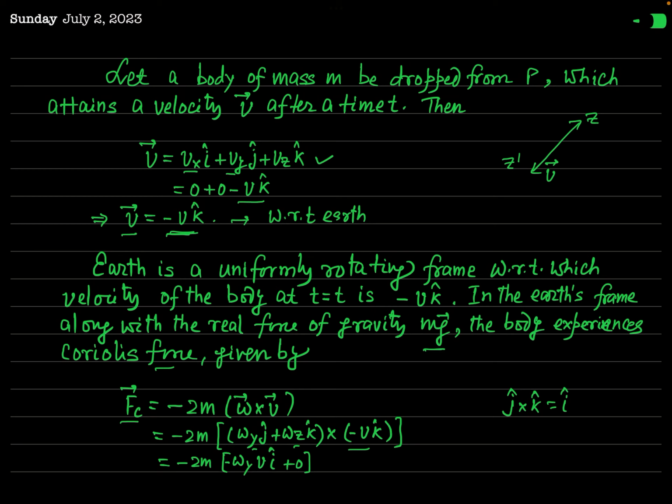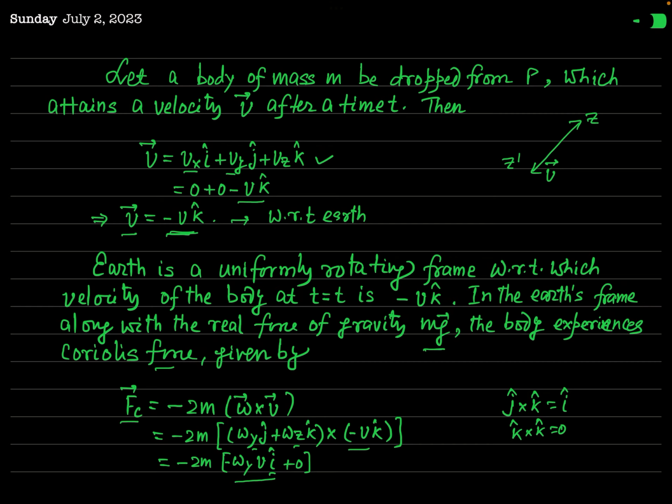So after taking the product with the first term, this will be omega y v j cross k, and j cross k will be i, but since there is a minus sign here, this will be minus omega y v i. But k cross k is equal to 0, so the second term will vanish. So Fc is equal to minus 2m times minus omega y v i.